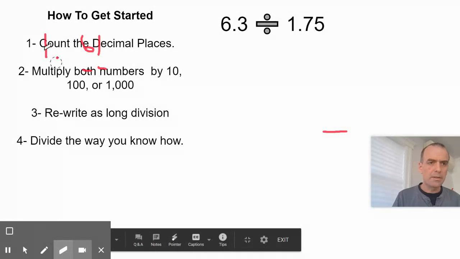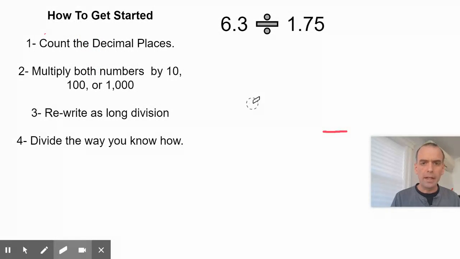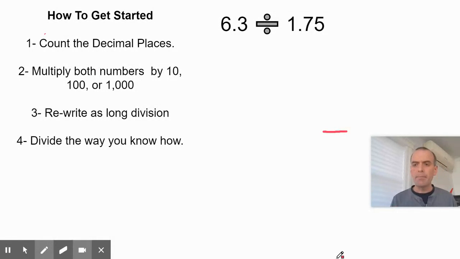Let me erase those things. So let's do this problem, okay? 6.3 divided by 1.75. The first thing we have to do is count the decimal places. Well, 6.3 has 1 place. 1.75 has 2 places. So 1.75 has more digits after the decimal, and that's how I make my decision.